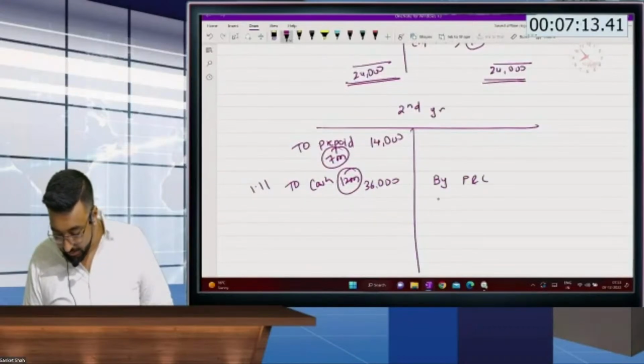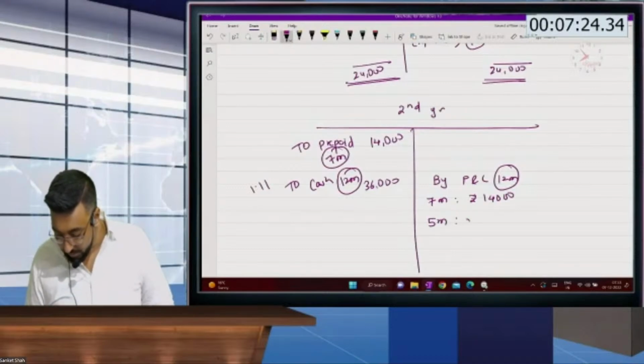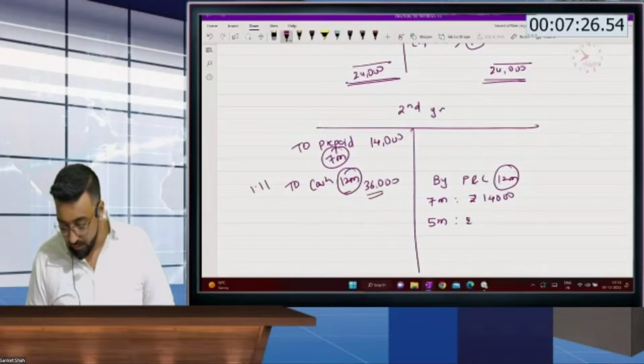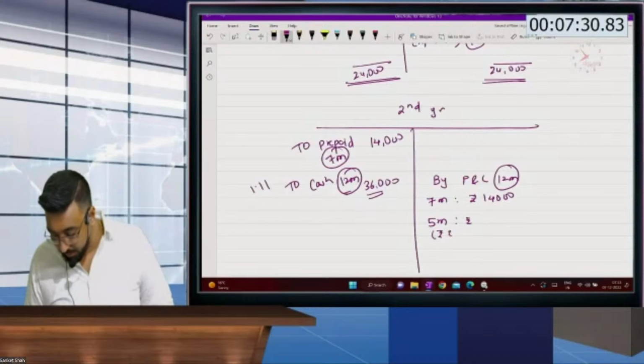By P&L, 12 months: 7 months, full expenditure, rupees 14,000. And 5 months, beta, 36,000 for 12 months, so 12 months means rupees 3,000 per month. So how much will 5 months be? 15,000.